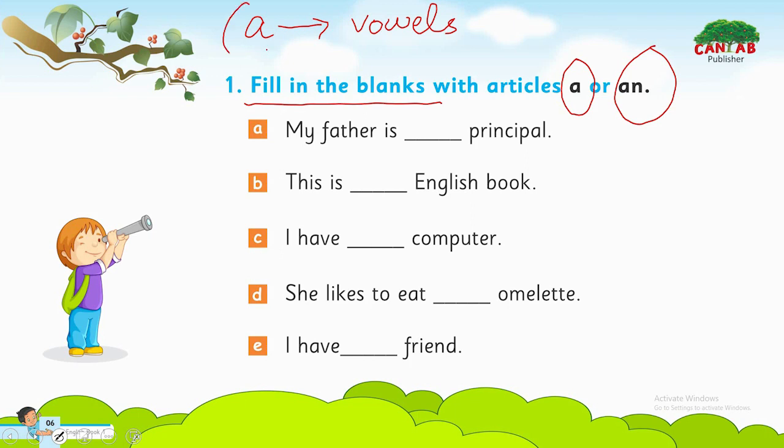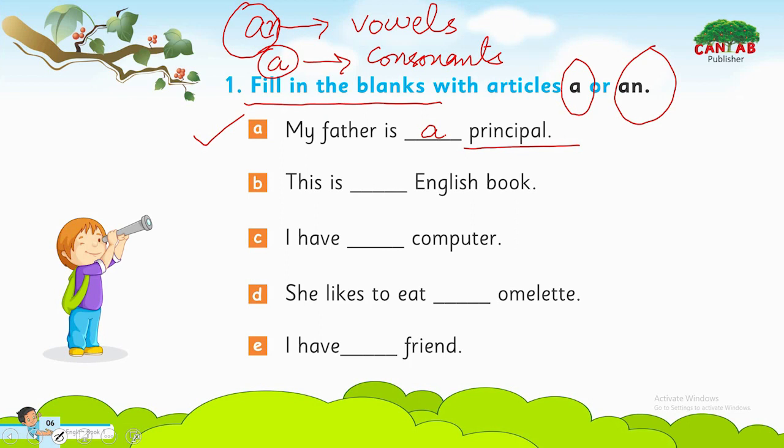A is not used before vowels. An is used before vowels, and a is used before consonants. So the first statement is, my father is dash principal. Principal is not a vowel sound, it is a consonant sound. So here, my father is a principal.